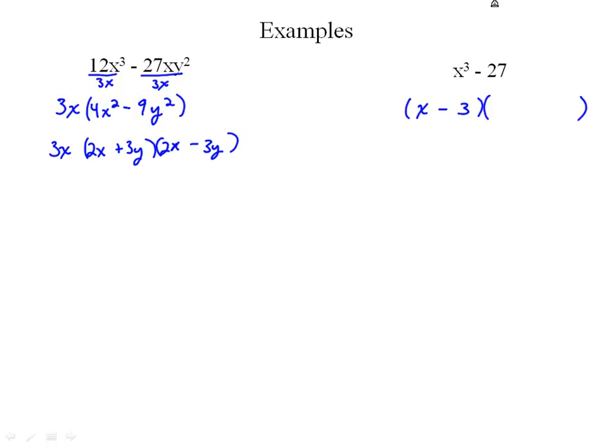Leave it be. Okay? So we're going to take x, and we're going to square it. And then we're going to use the opposite sign. And then we're going to multiply x times 3 and get 3x. Always plus, take 3 squared, and get done. When you factor the sum and difference of two cubes, it will not factor again. Both groups are prime. So you're done.